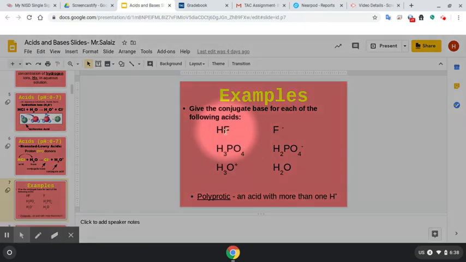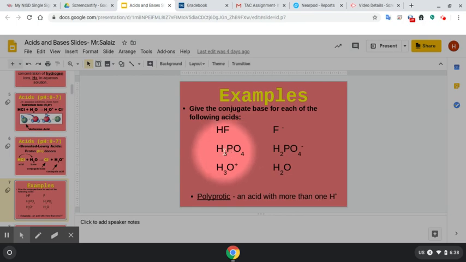All right, so as you can see here, this is the HF. It says give the conjugate base for each of the following acids. The HF here is going to be the acid. If we take a hydrogen away, it just becomes the fluoride ion by itself, so this would be considered its conjugate base. If we have H3PO4, this is going to be the acid.